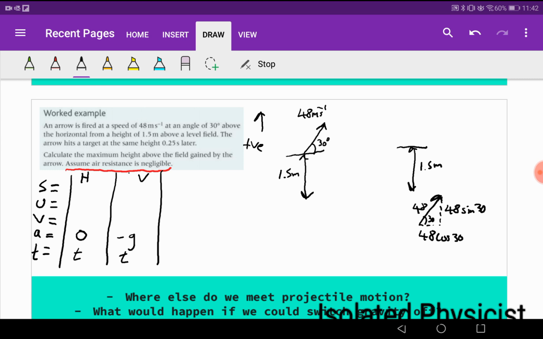There's a couple of methods we can use. I'm going to use the method where we assume the first half of the motion is the same as the second half. So I'm going to say it takes 12.5 seconds to do half the motion, and at that point the final velocity will be 0 in a vertical sense, and the initial velocity will be 48 sine 30.